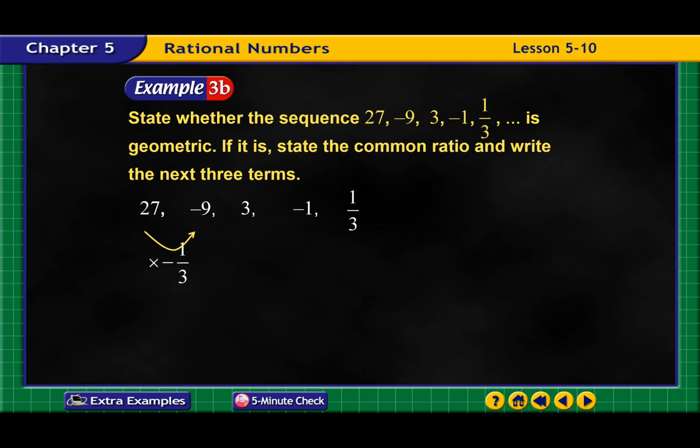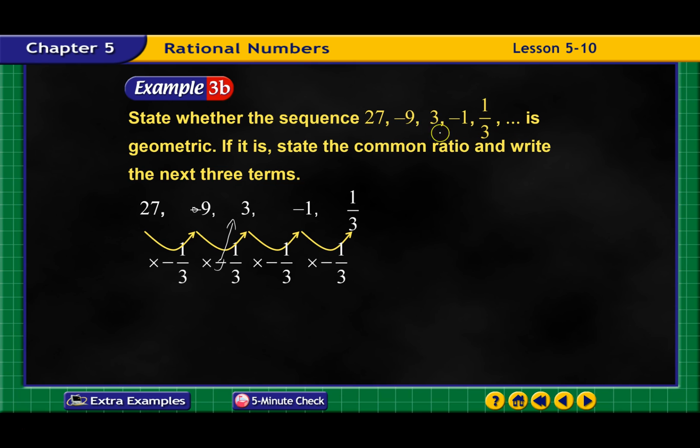I think it's easier to use multiplication on this one, but your answer here is actually going to be division. So negative 9 to 3 is going to be a positive 3, because negative times a negative equals a positive, and so the next one's going to be negative, and the next one positive.